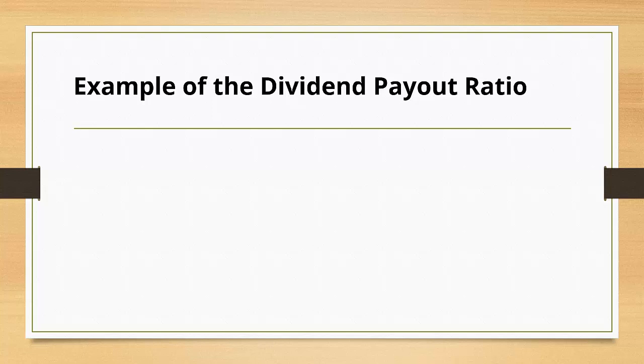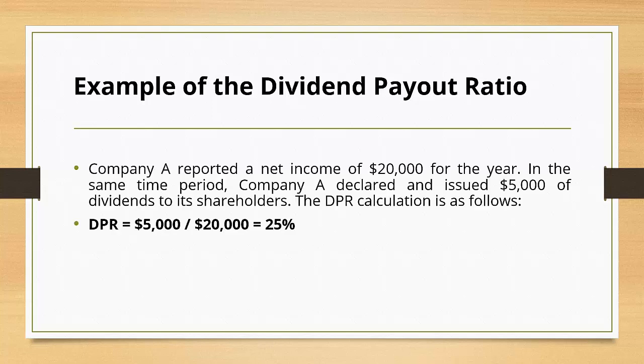Let's have a look at the example. Assume that company A reported a net income of $20,000 for the year. In the same time period, company A declared and issued $5,000 of dividends to its shareholders.